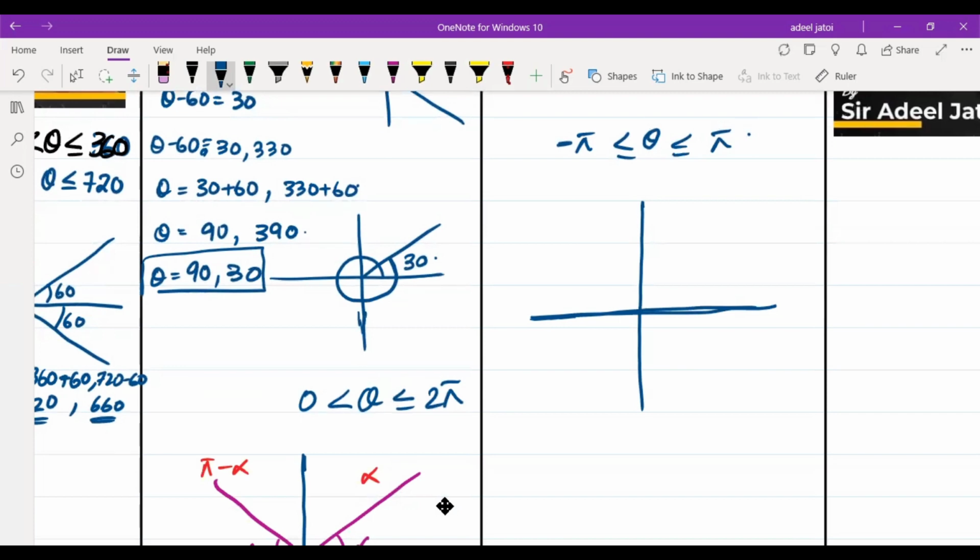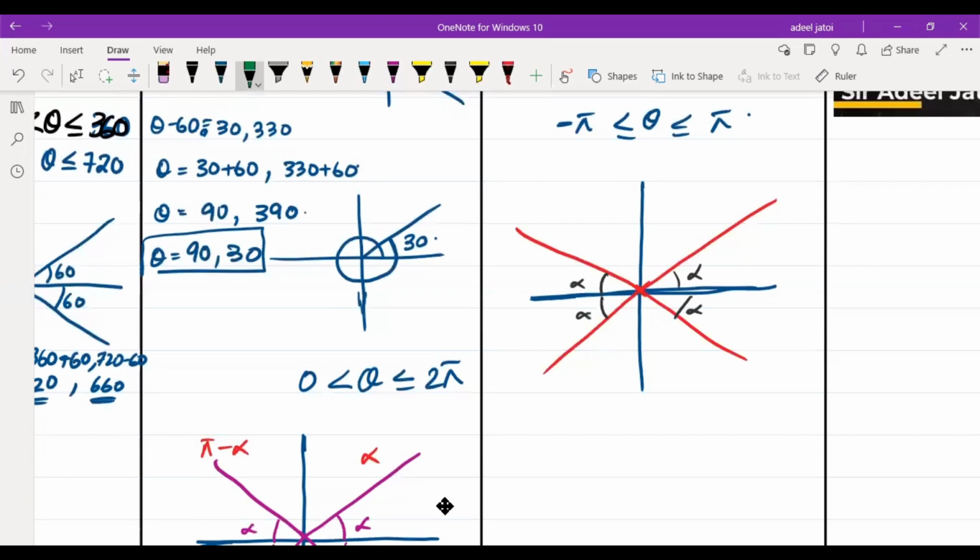That means if we have basic angles, let's say this is your alpha, this is your alpha as well, and this becomes your alpha as well. But considering that it is positive, you will go anti-clockwise, and you will go clockwise if it is negative radian.